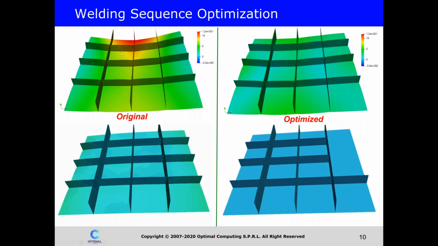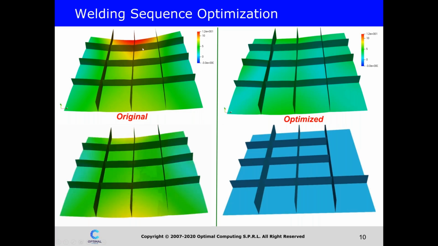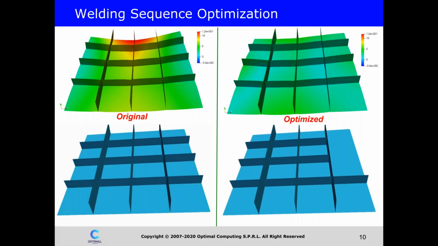And due to thermal effects, the final structure is deformed. So the question is, in which sequence shall I weld the different beams in order to minimize the maximum deformation of the structure? And we have an algorithm for that.